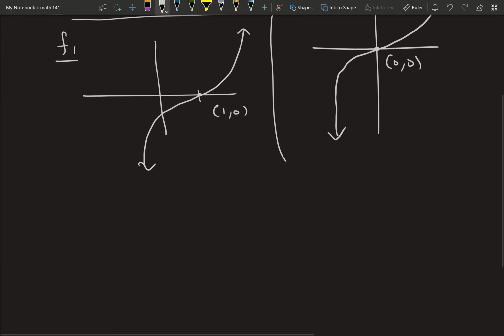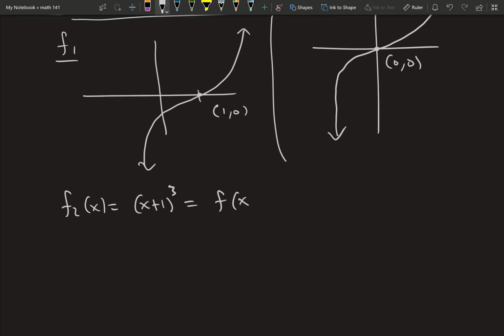And a similar story is there for f2. So f2 of x is x plus 1 cubed, which is f of x plus 1, and that's a shift to the left by 1 unit.